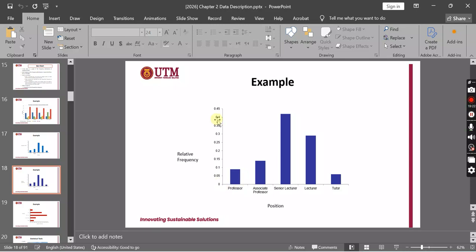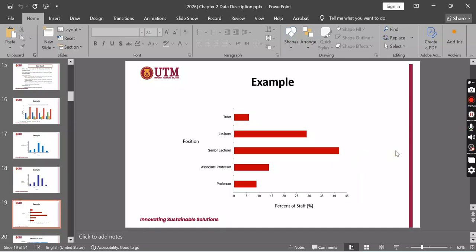From 0 to maybe 1, maybe 0.5, it's up to you. The largest number that you have in the relative frequency is 0.42, so you can use 0.5, 0.45, 0.43, it's up to you. Here it uses 0.45. So this is the first one, which is 0.09, the second one 0.14, this one 0.42, and so on for the other categories that we have.